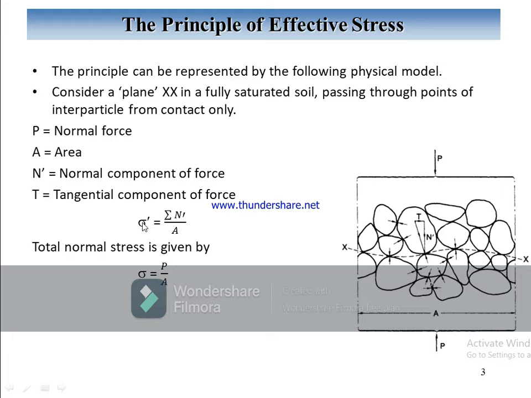So the effective normal stress is equal to the summation of all the N prime values, the vertical normal components, divided by the area. The total normal stress is given by sigma equals P by A, where P is the load acting on the soil mass and A is the area of this mass. This is the normal stress.